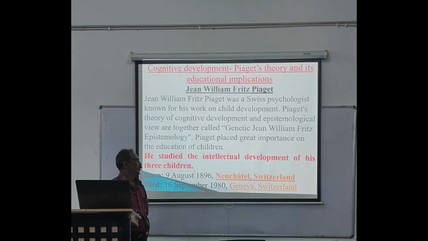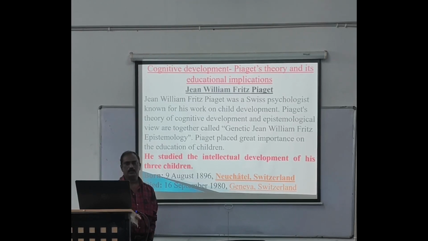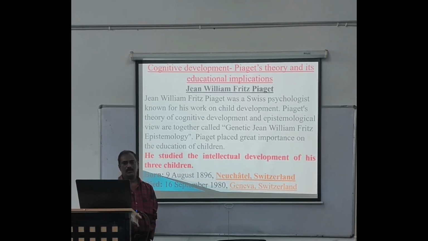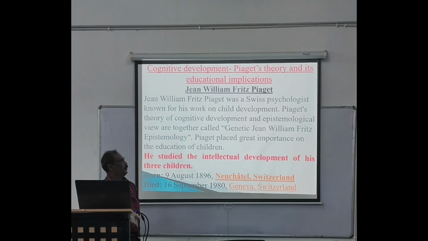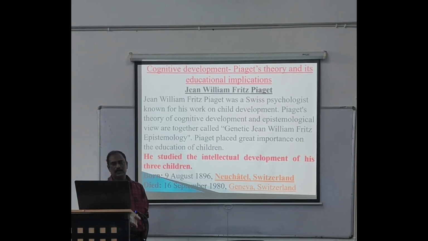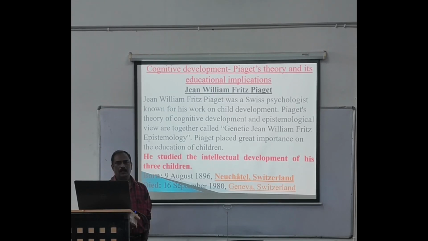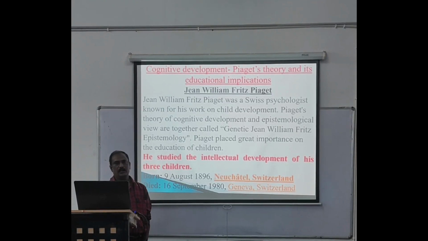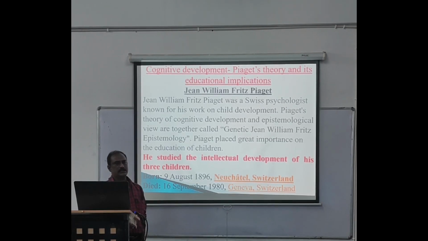Mainly philosophy can be divided into three parts. One is axiology, second is epistemology, and the third is metaphysics. Axiology deals with values, epistemology deals with the study of knowledge, and metaphysics is the study of what is really real.